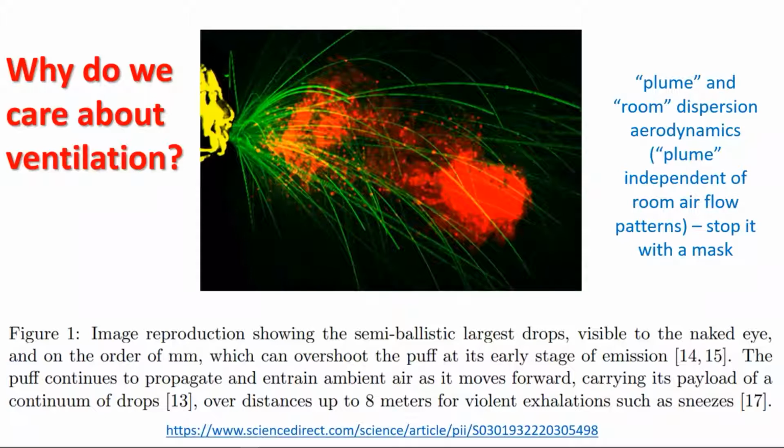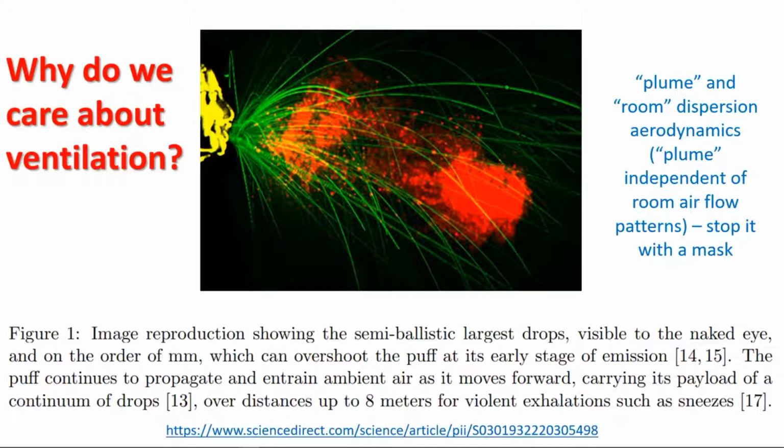Well, we're in the middle of a pandemic, and when this happens during a pandemic, it's of concern. The green lines are the trajectories of large droplets which shoot out and then fall on the ground. These are pretty well large enough to see when somebody is talking and you see the particles fly out. Those are the big ones.